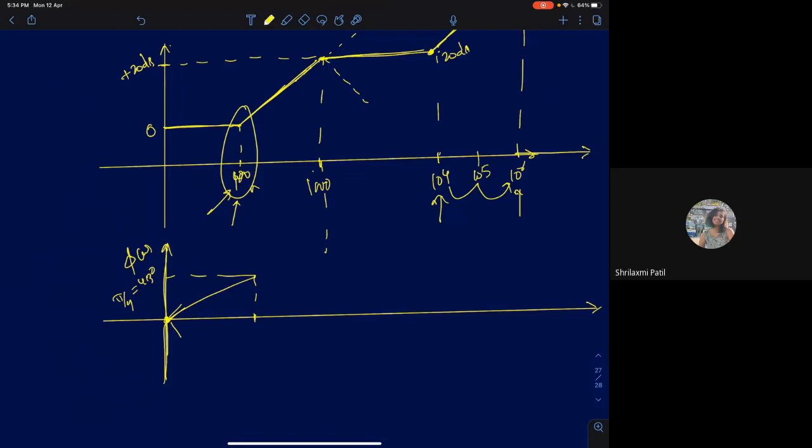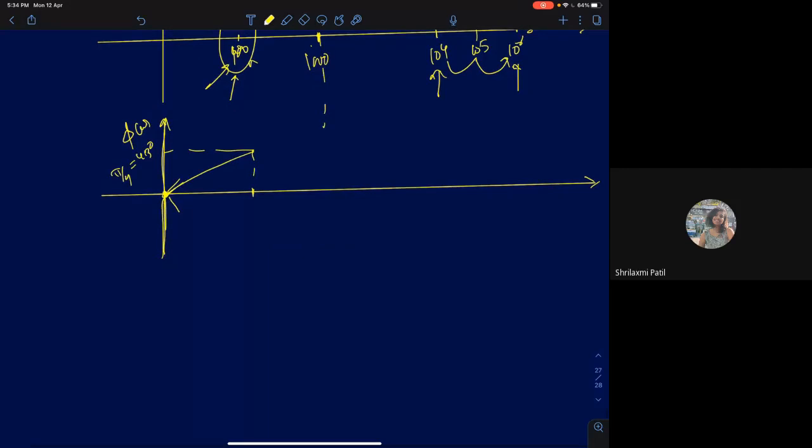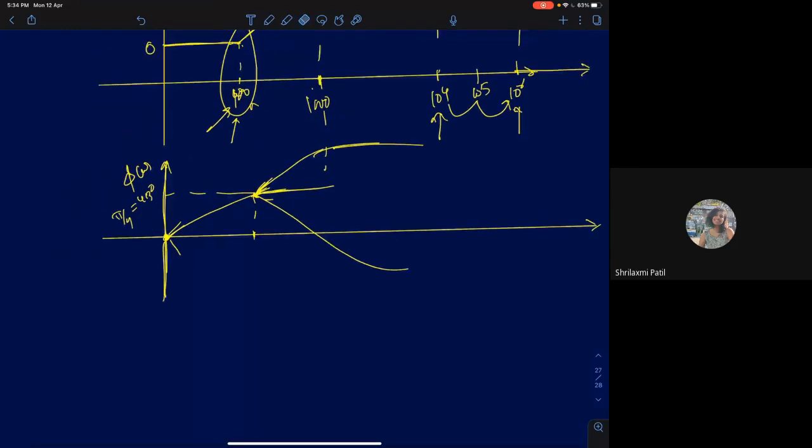The pole will start the phase response due to the pole. Pole will try to decrease it to minus 90. 0 will try to increase it from 45 to plus 90. So what do you think will be roughly the response? It will increase a little bit, but it will remain more or less constant at 45. At omega equal to omega p, it will be nearly constant at 45 degrees.